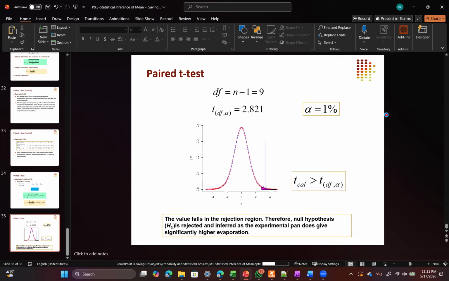So this is the utilization of the T distribution and the applications in the context of unpaired and paired t-test. There are other modalities of unpaired t-test in which we consider that the samples are from different populations.